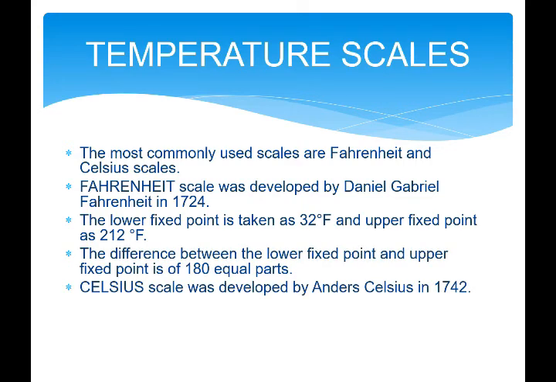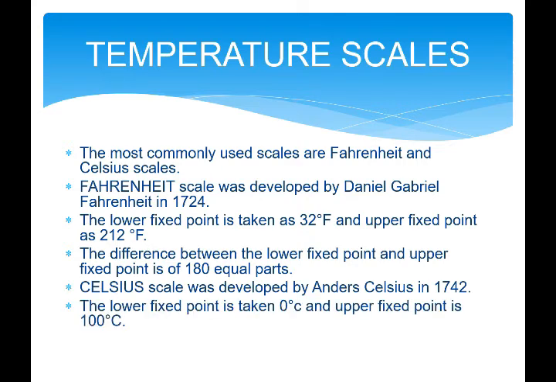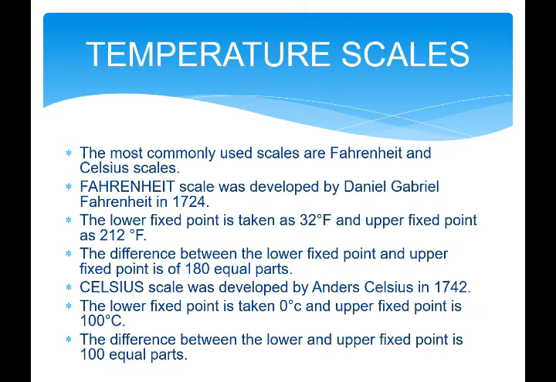The difference between the lower fixed point and upper fixed point is 180 equal parts. The Celsius scale was developed by Anders Celsius in 1742. The lower fixed point is taken as 0 degrees Celsius and the upper fixed point is 100 degrees Celsius. The difference between the lower and upper fixed point is 100 equal parts.